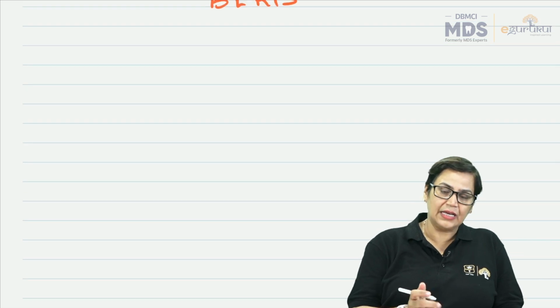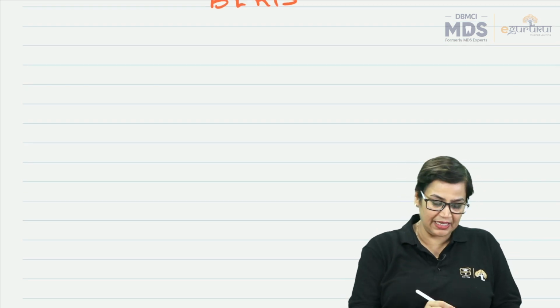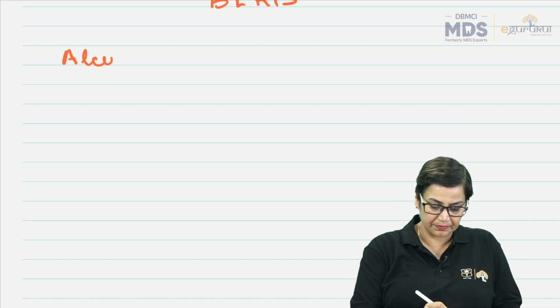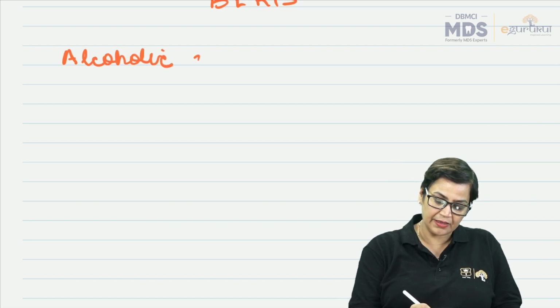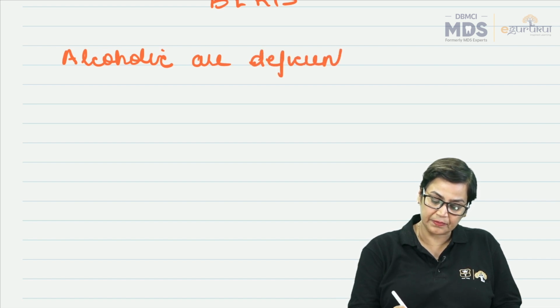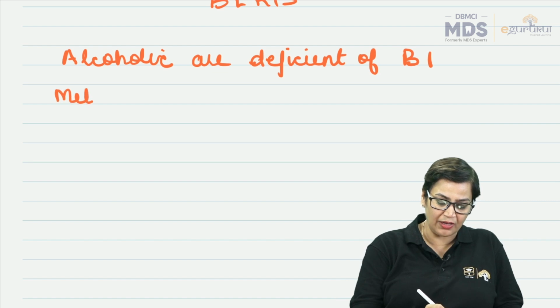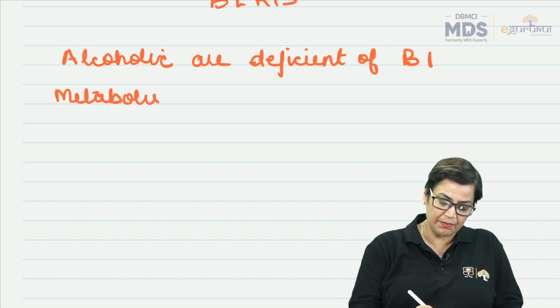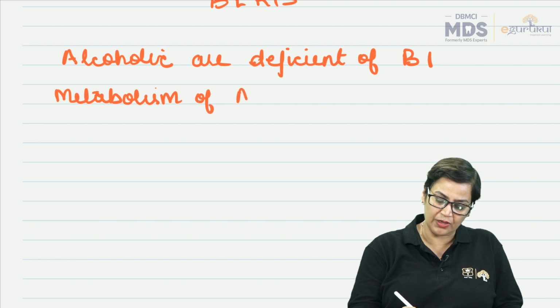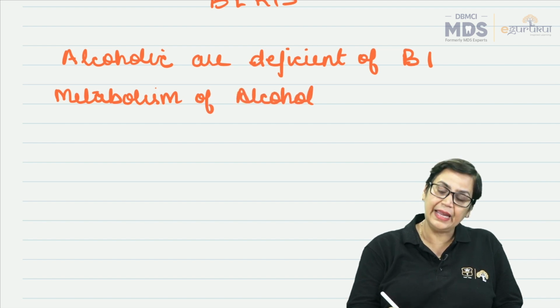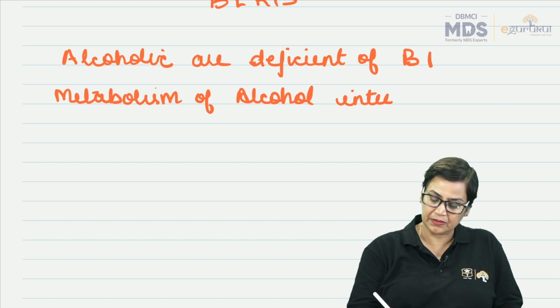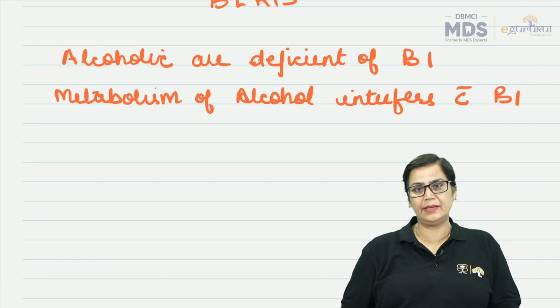Now after this, another thing we have generally seen is that alcoholics are deficient of B1. The reason is that metabolism of alcohol interferes with B1 absorption.